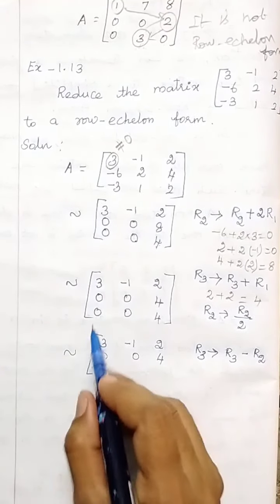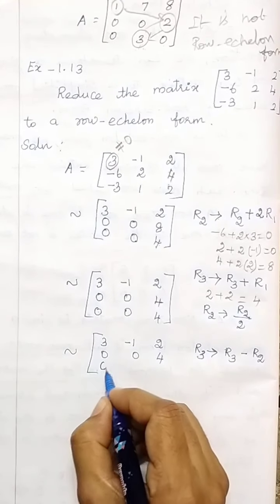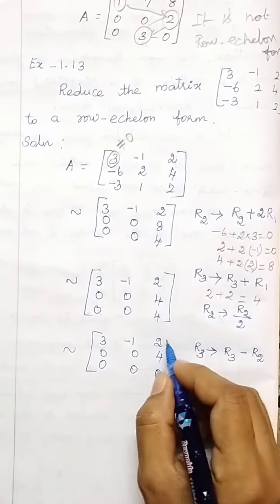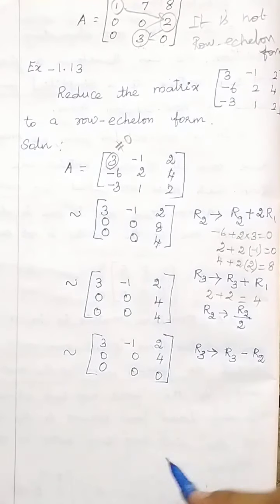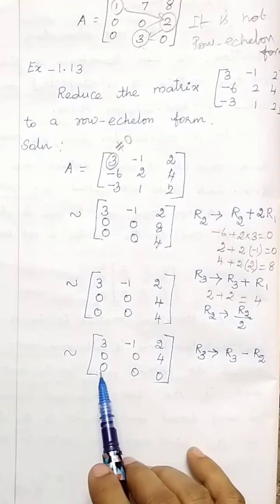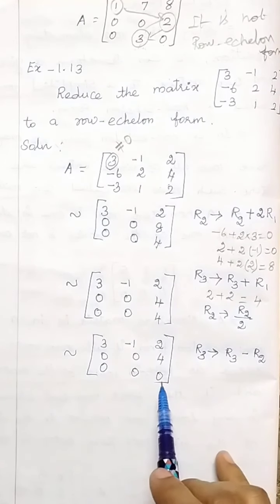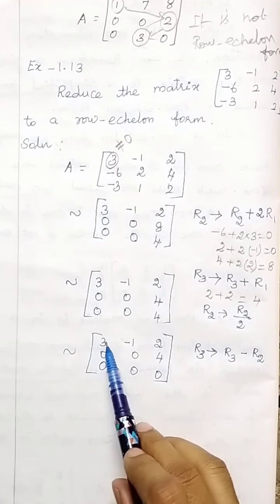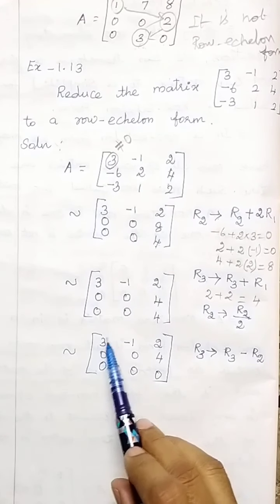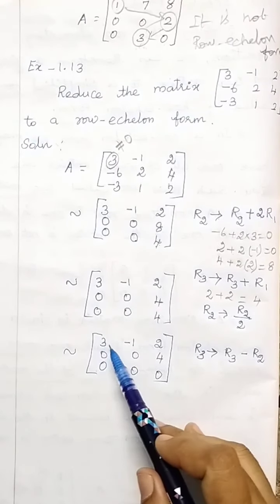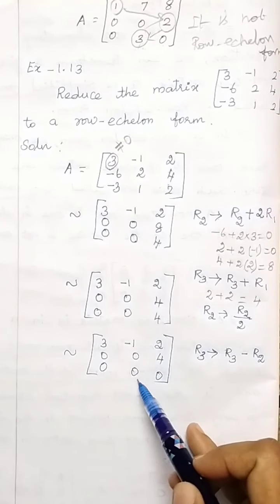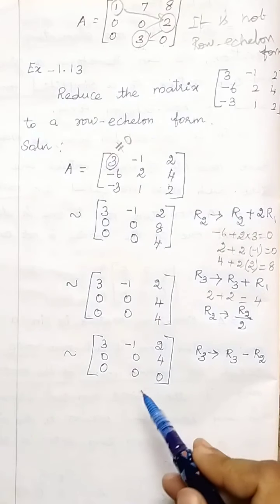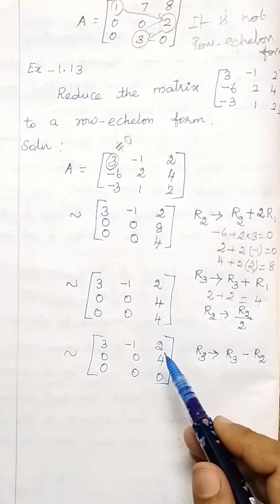So 0 minus 0, 0 0 minus 0, 0 4 minus 4, 0. Now you check our bottom row is a 0 row. Then our entry element, this element not equal to 0 and below of these entries are 0. These three conditions are satisfied. So it is a row echelon form.